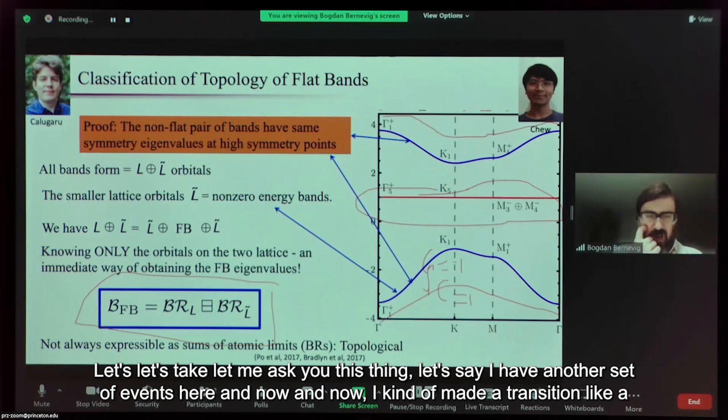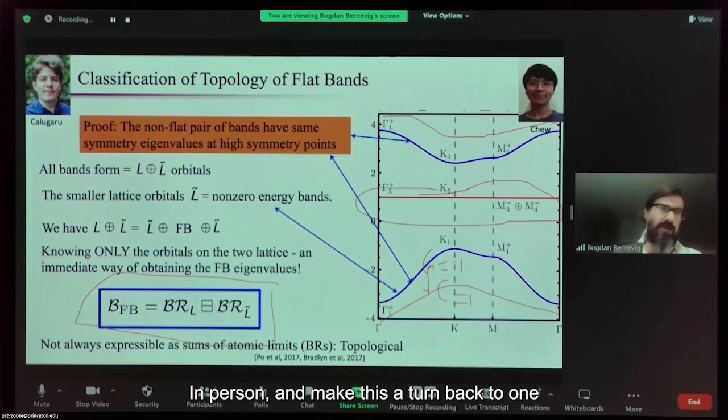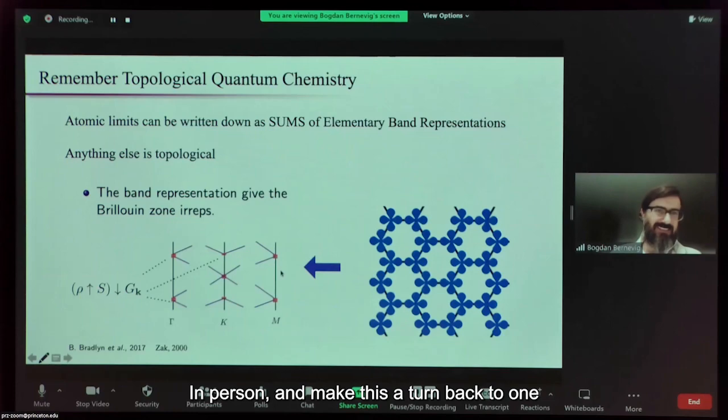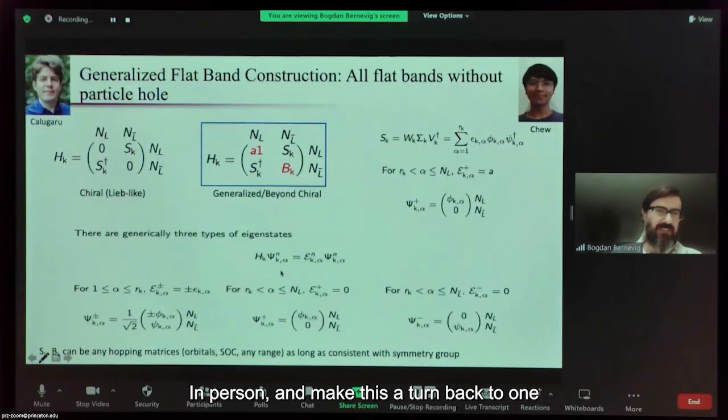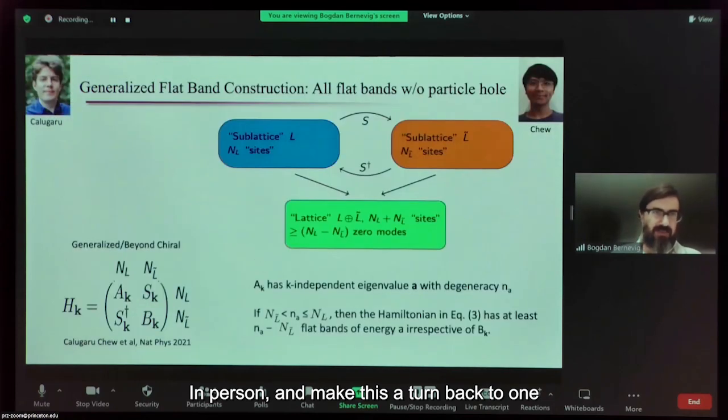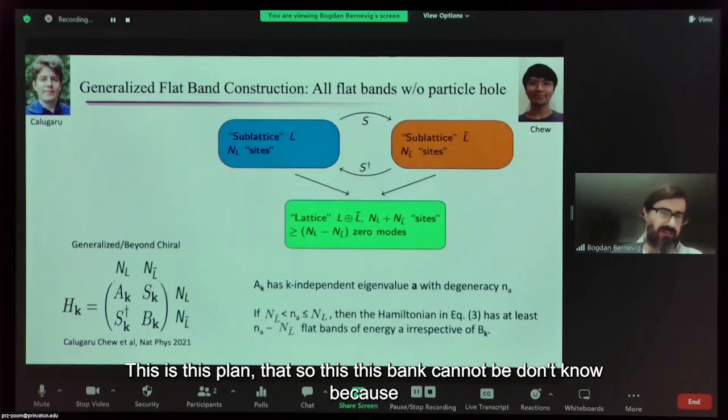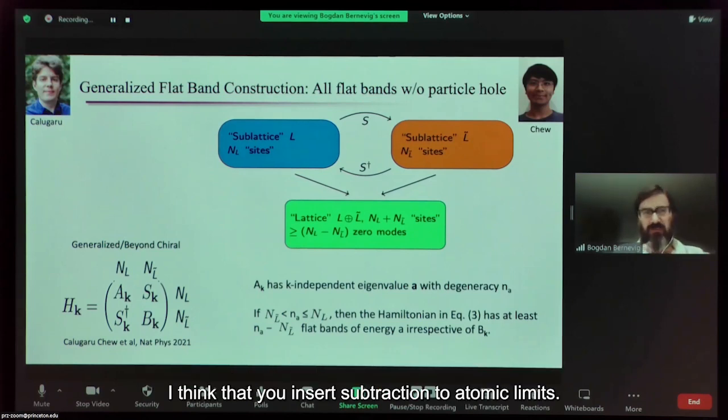Yes. Well, I'm saying that instead of a subtraction of two atomic limits, can I have these L and L prime themselves be strong topological? No, because you build them from lattices. This is a constructive method of building flat bands. If you want L and L tilde to be topological, then you'd have to tell me, we want to start from orbitals.